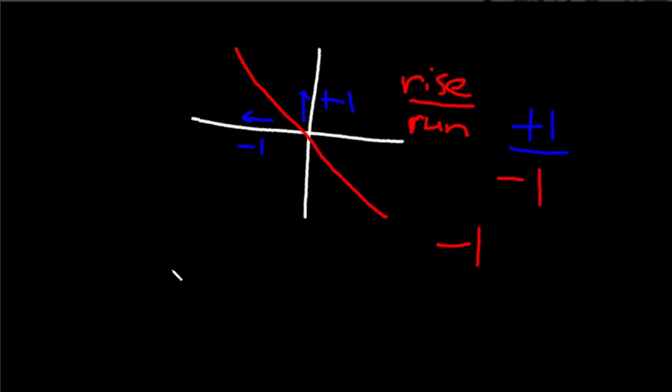So this slope intercept will be y equals -x plus b, which in this case is still 0 because this is at the origin.